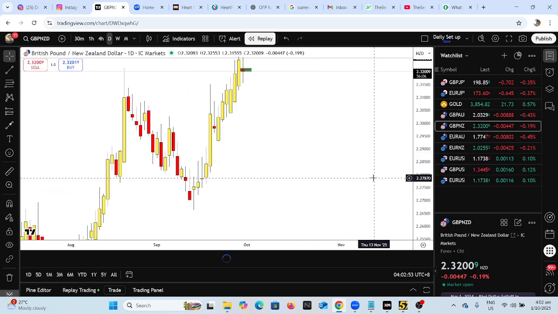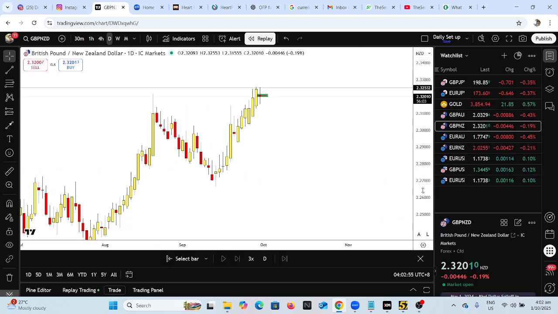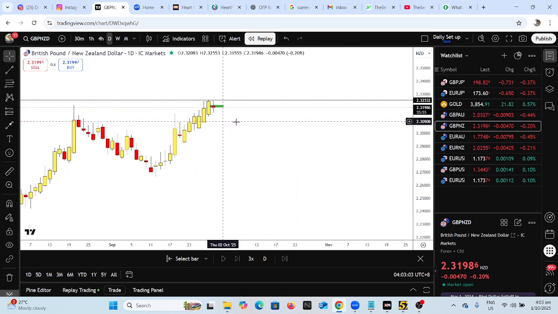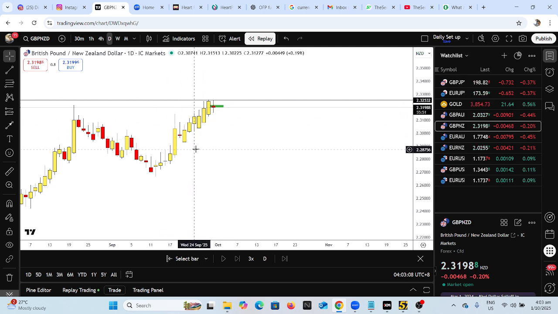Pound NZD. See pound NZD, while the general trend is towards the upside, look at where price is at the moment. At this point of time, even though price is going up towards the upside, price is at an area of resistance. So I will be very cautious if I want to take any buys from this position.